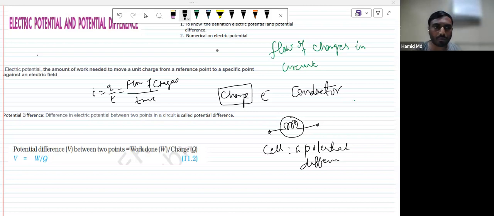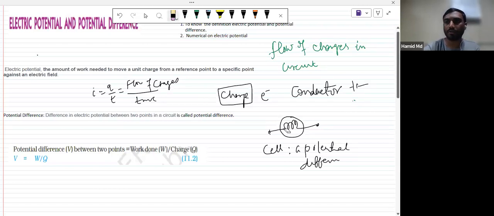We don't have to go into the electric field in that much detail, but a battery or cell, this is the symbol of a battery, right? Exactly. So which one is the positive terminal, which one is the negative terminal? Are you aware of it? The longer, bigger one is positive, and the smallest is negative.